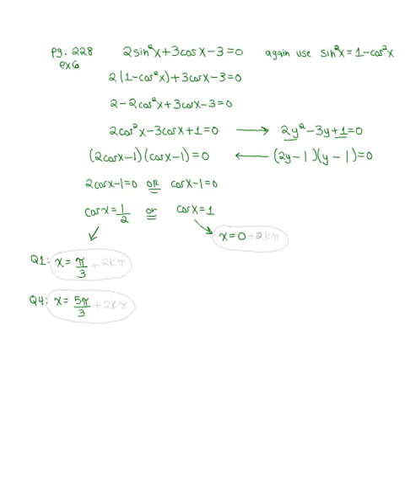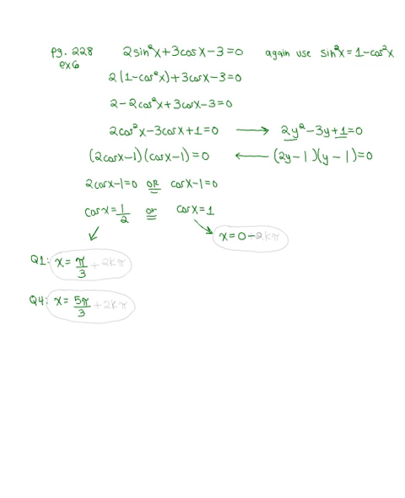Okay, now in this problem, unlike the previous problem, we're not restricting ourselves to any finite interval, so we have to solve this along the entire real number line. In order to do that, we have to take advantage of the periodicity of the cosine function, and its period is 2 pi. So we have to take each of these answers that we found in going around the unit circle once, and then add multiples of 2 pi.